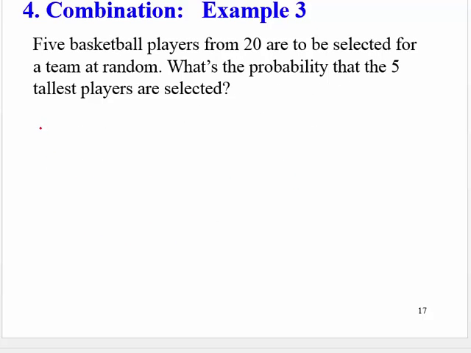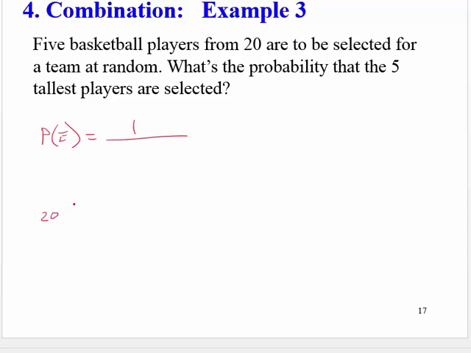If we have 5 basketball players from 20 to be selected for a team at random, what's the probability that we pick the 5 tallest players? Does order matter? No. If you're on the team, you're on the team. So it's combination. The probability of the event is just equal to one way to get the 5 tallest out of how many?